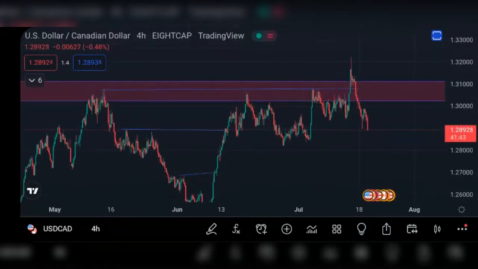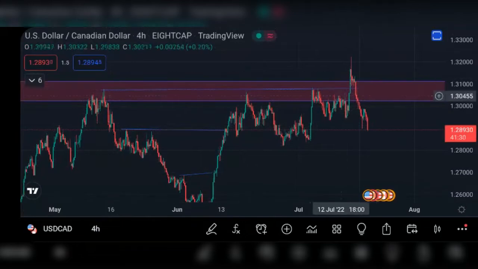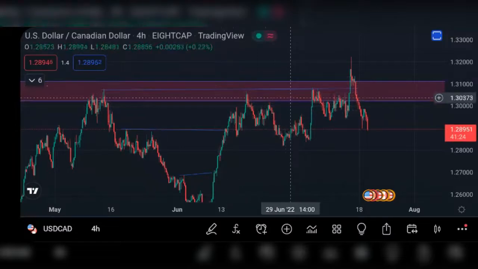We have trend line liquidity, we have double top, triple top, double bottom, and triple bottom. So this was clearly a liquidity that price needed to sweep. Price broke those structures and equally swept out the liquidity that was sitting on this upside.